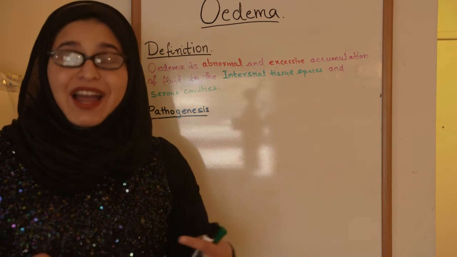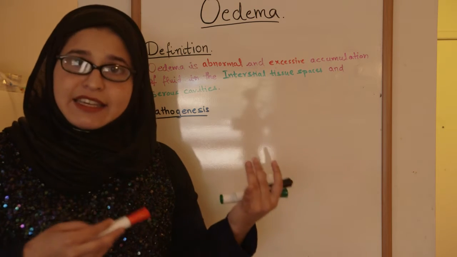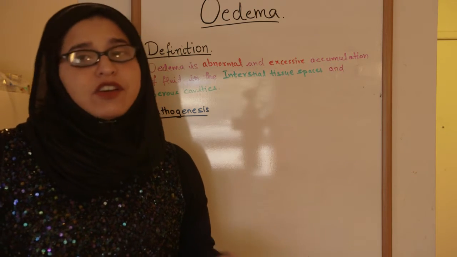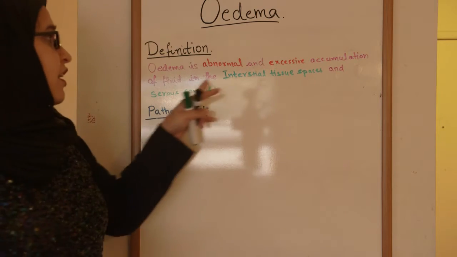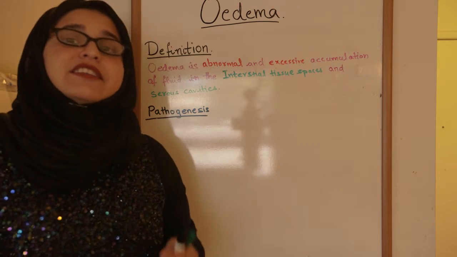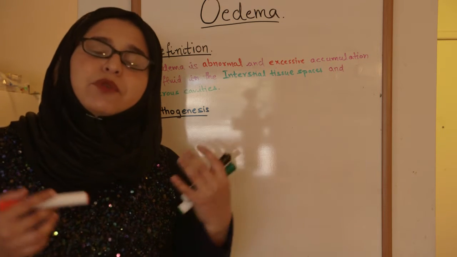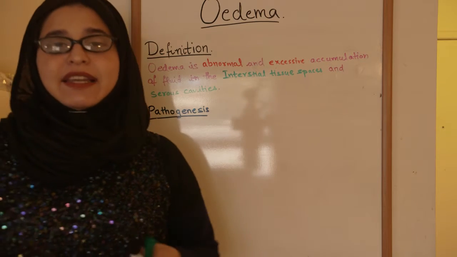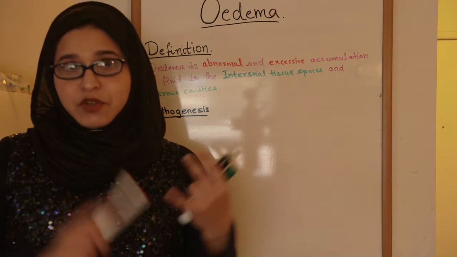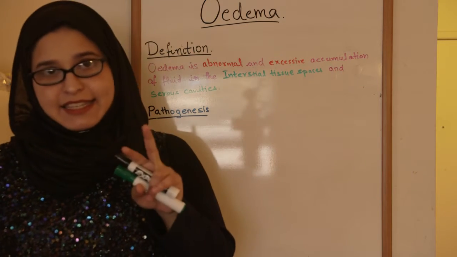Because it provides an immediate environment for the movement of ions, proteins, and nutrients across the cell barriers, and it is very important. So, whenever there is an excess of this interstitial fluid, or an abnormality in the amount of it, it may lead to edema. You have to know the two important words in this: abnormal and excessive.